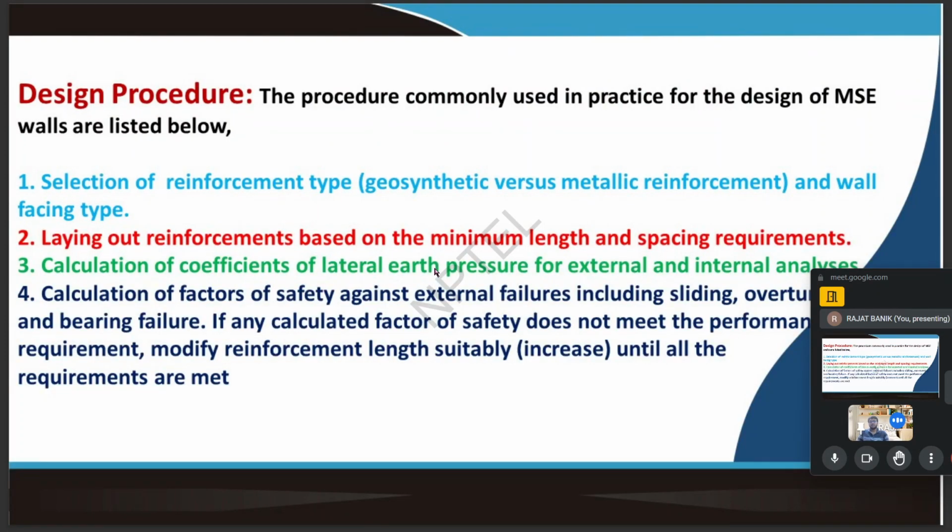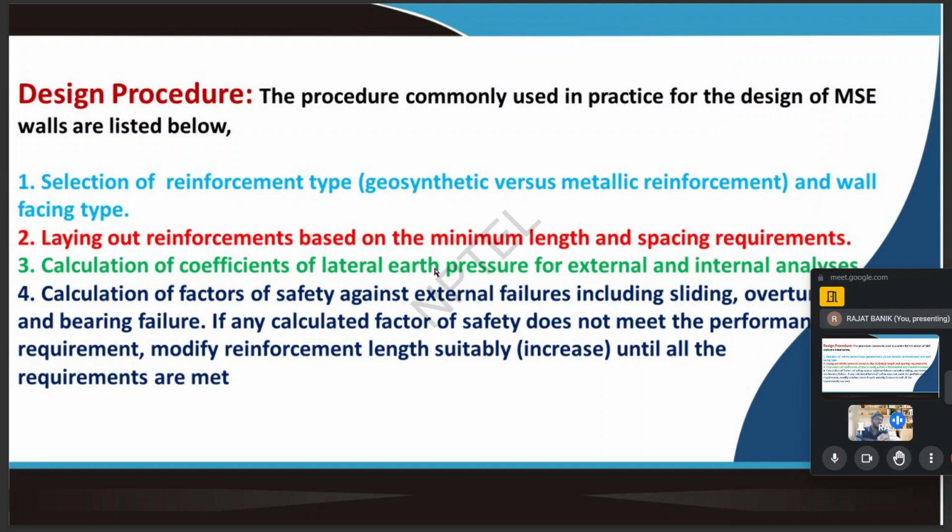Now we come to the design procedure. How do we proceed while designing the reinforced retaining wall? It is said that the procedures commonly used in practice for designing retaining walls are given below. First is selection of the reinforcement type: geosynthetic versus metallic reinforcement.